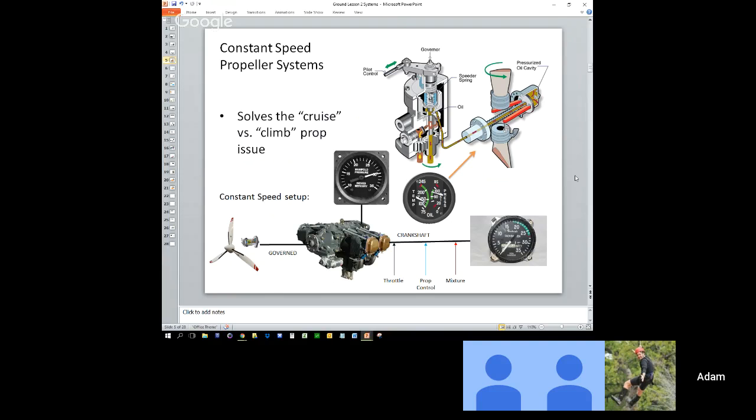As I mentioned before, when you're climbing, you want the engine to produce its maximum power available, meaning your throttle's going to be all the way 100%. You're going to want the blade angle of the prop to be extremely small so that there's not a lot of air drag on the crankshaft, meaning the engine is able to RPM at extremely high RPMs, as high as it can go.